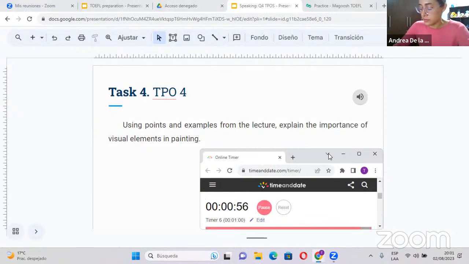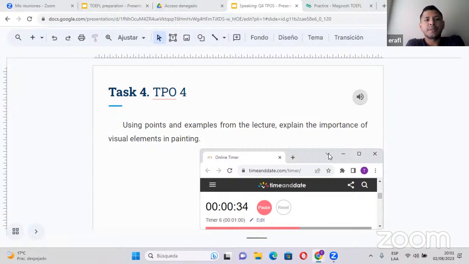Okay. I think there are a lot of examples and points in this lecture to explain the importance of the visual element in painting. One of the most important visual elements is the color, because the color can express different senses.